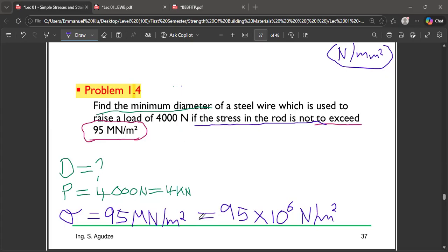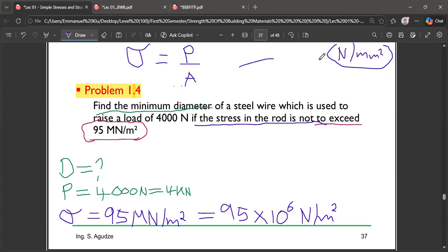What is the formula for stress? We know that stress is equal to force over area. But area was not given to us over here. Do you think we can find the area? If stress is equal to load over area, and area is not given, we can just do cross multiplication.